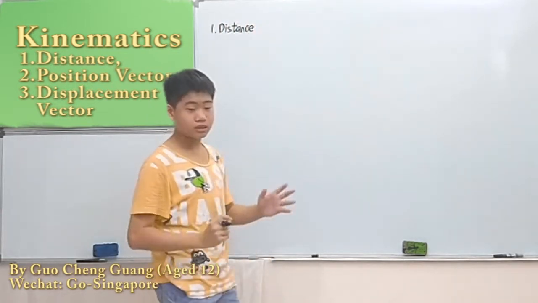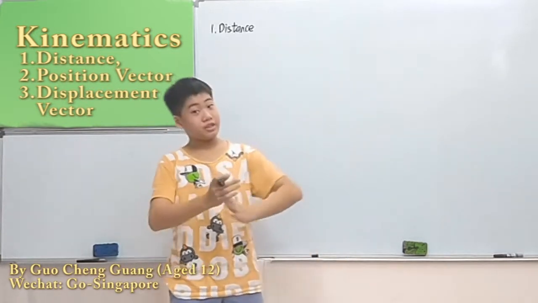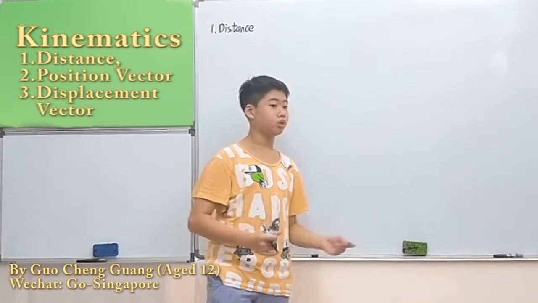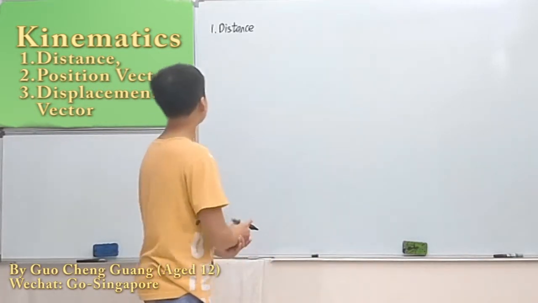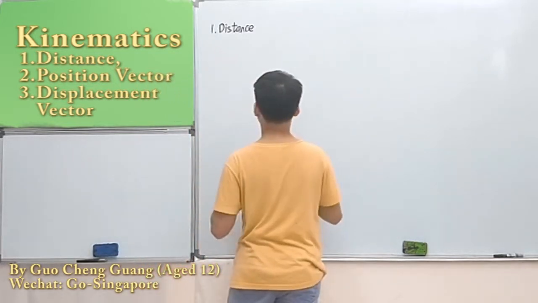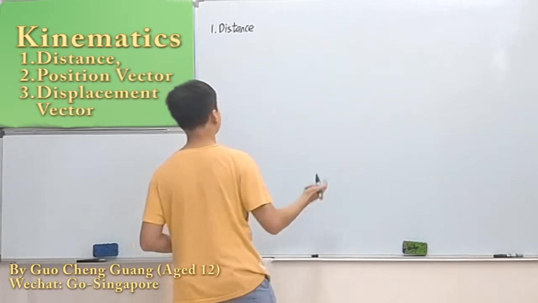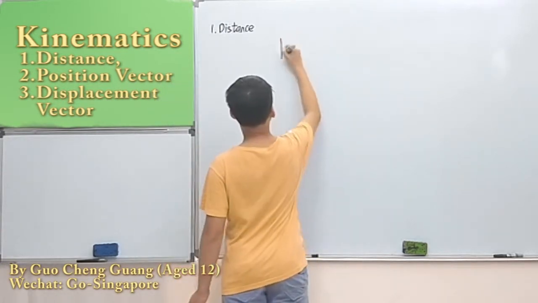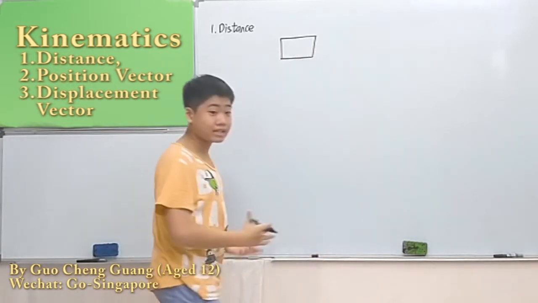Now distance, you can describe it as the total path traveled, or the length of the path traveled. In this part on distance, they can give different types of shapes, for example this rectangle.